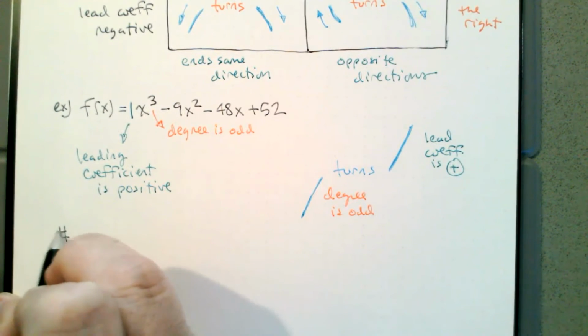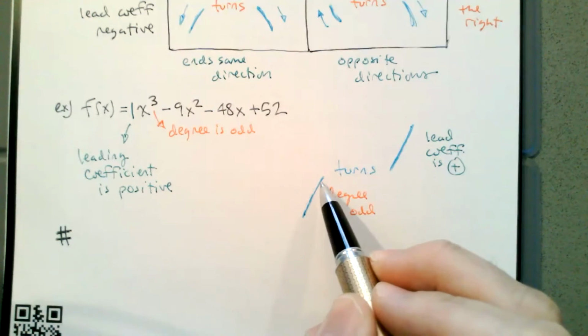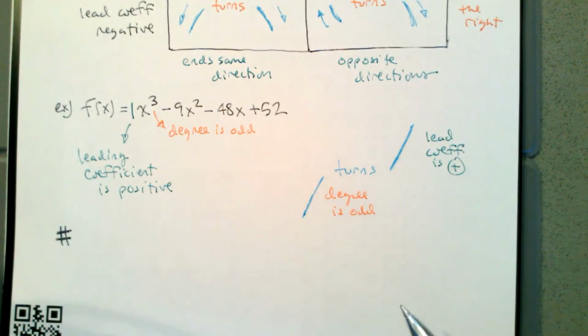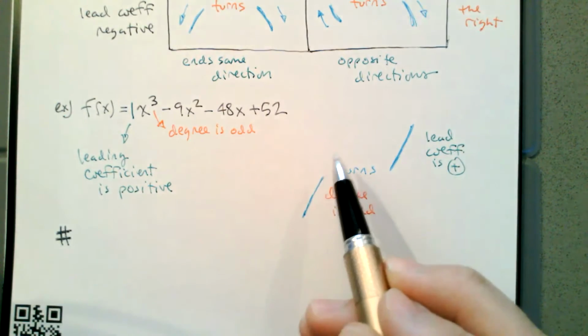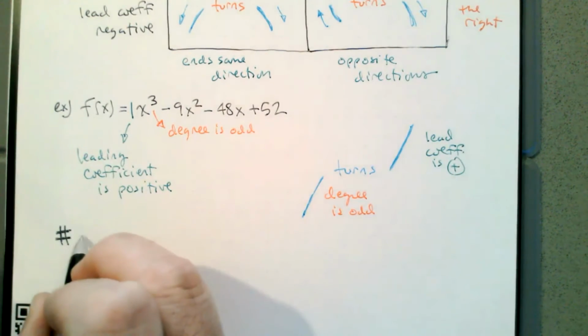Could the turn be a critical point, a minimum or maximum? In this example, we could have a maximum and then a minimum. That's one of the possibilities. Oh, okay. I see. We've done this one before, so we actually know that this one has a maximum and then a minimum. No, thanks, Professor Leach.